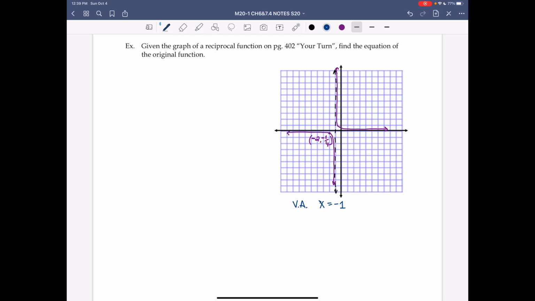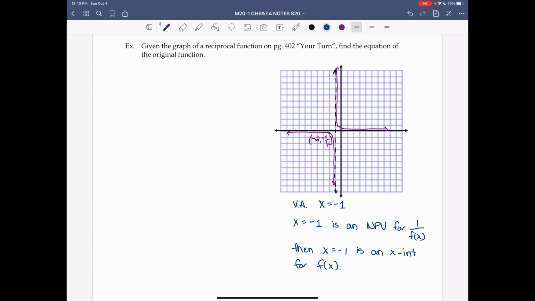That tells us that x equals -1 is an NPV for 1 over f of x, which also means x equals -1 is an x-intercept for the function f of x.